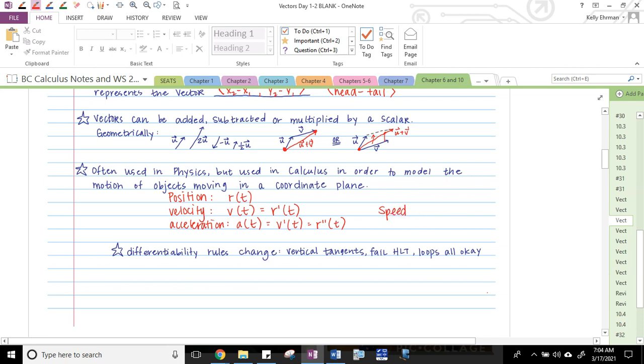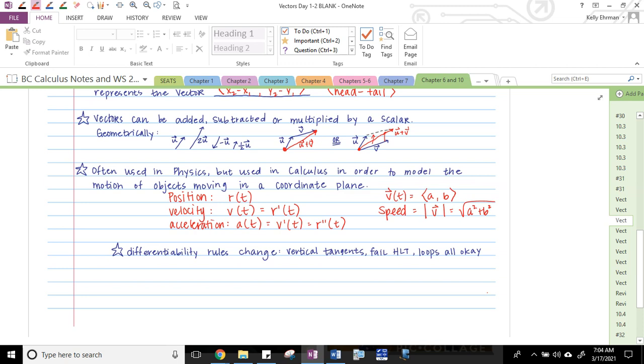If you have the velocity vector v of t equal to some a, b, then the speed is the magnitude of the velocity. In other words, it's equal to the square root of a squared plus b squared. The thing that people tend to mess up is they give speed as the answer to velocity. Velocity is a vector. Speed is the length of the vector.